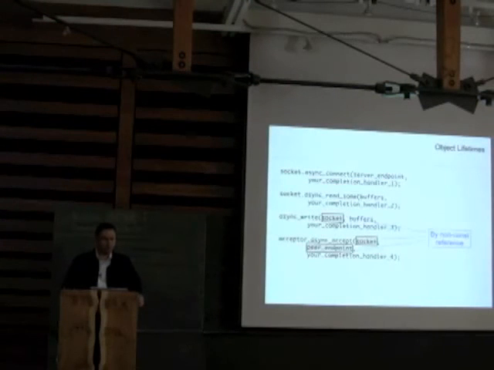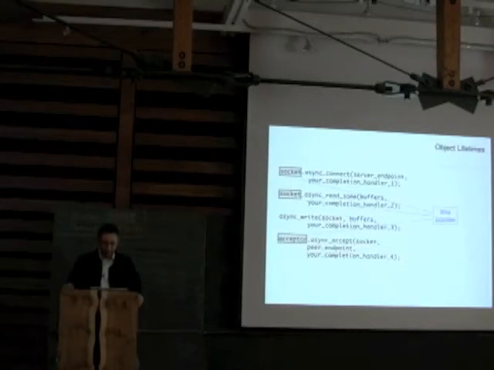Then we have arguments that are taken by non-const reference. They're output arguments for the asynchronous operation, and in this case, you as the user have to guarantee that they remain valid for the lifetime of the operation. And finally, we have the I/O object, when the I/O object is passed as the this pointer for the operation.